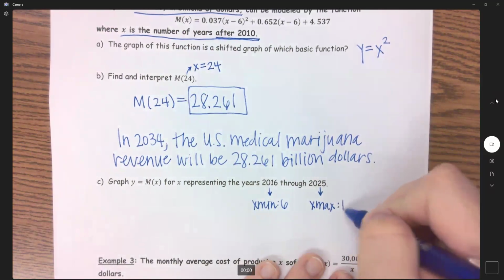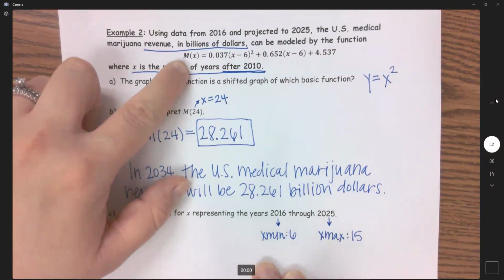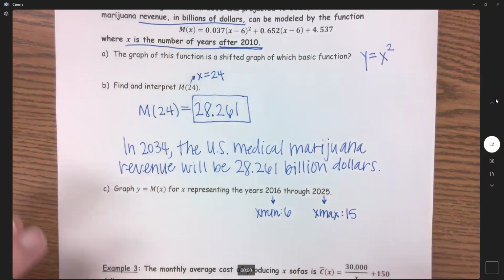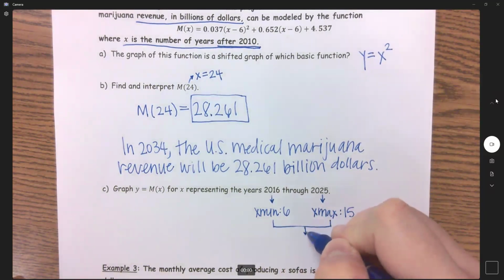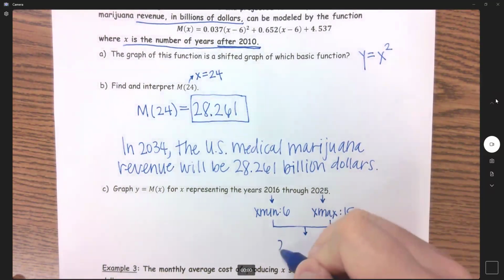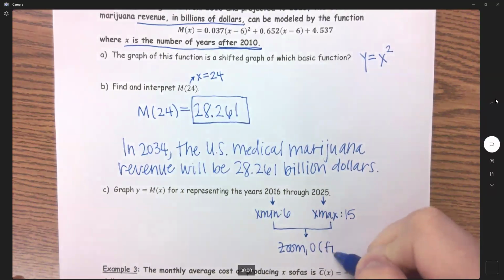And then here, my x max, how many years after 2010 are we? We're 15 years. So we will put this into our y1, change our x min and x max, and since we have our x min and max, then we will go zoom 0 for zoom fit.